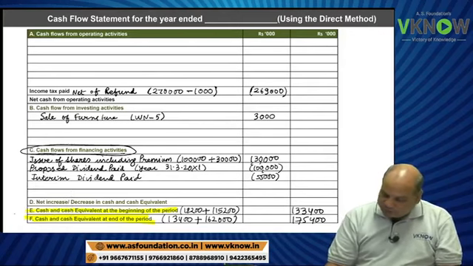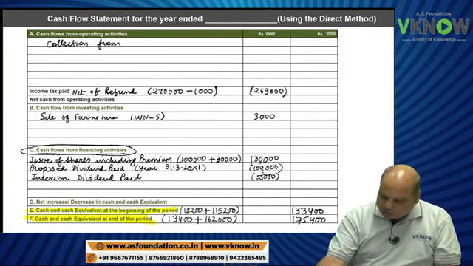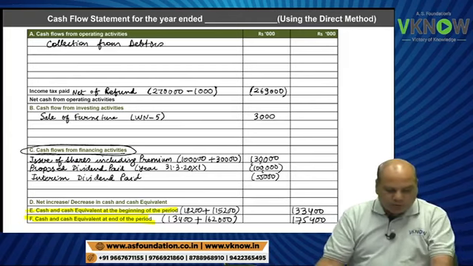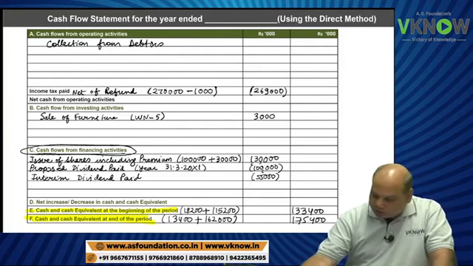So come to cash flow from operating activities and write there collection from debtors. Please reply fast. Collection from debtor was 46,20,300.